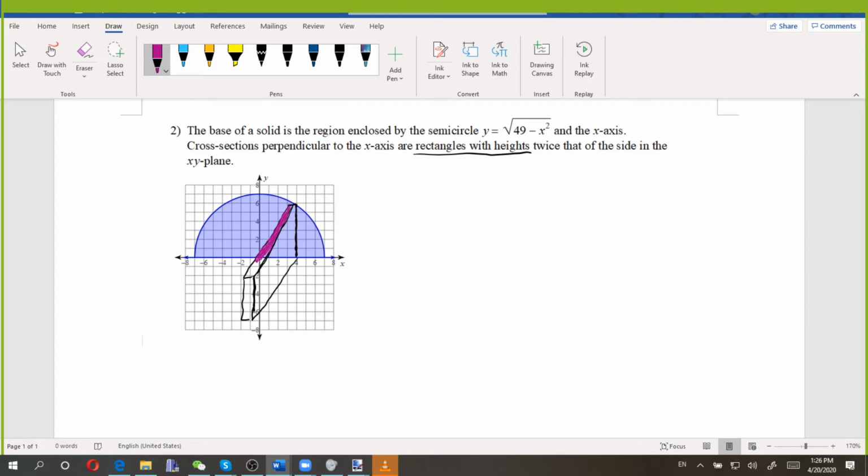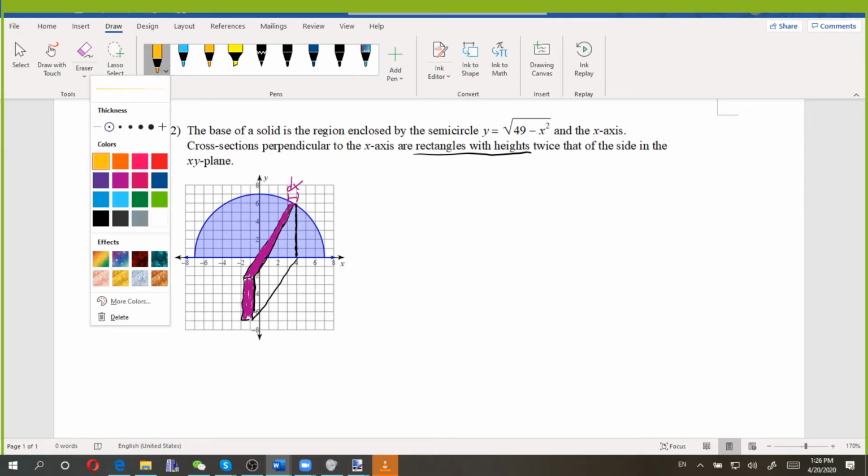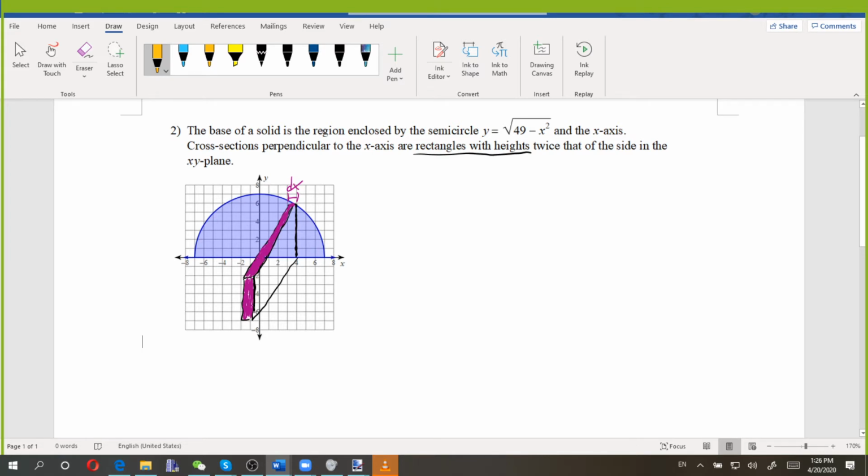So this part in, we'll say purple, is my infinitely small change in x. And this part here in yellow is the two-dimensional area of our cross section.